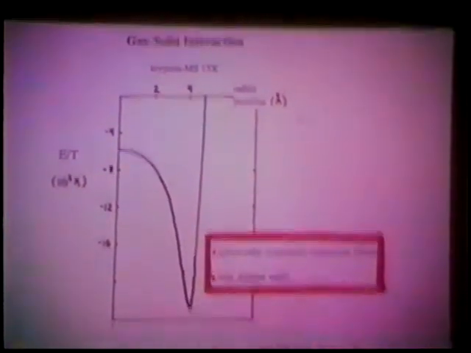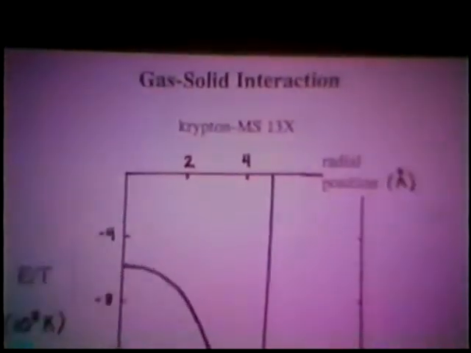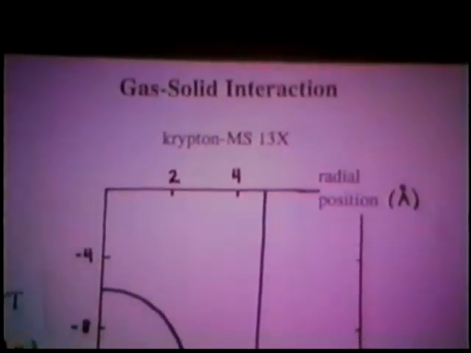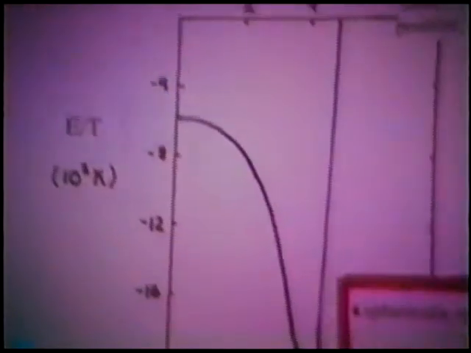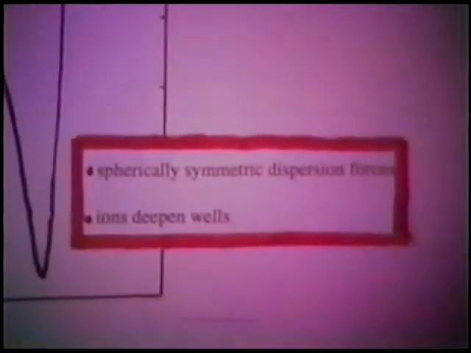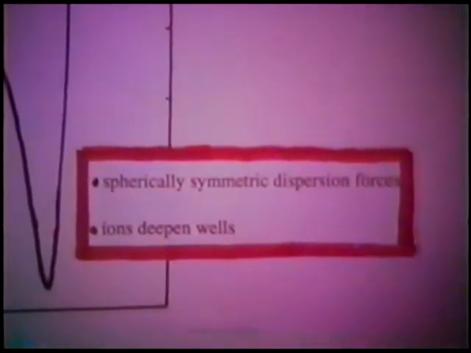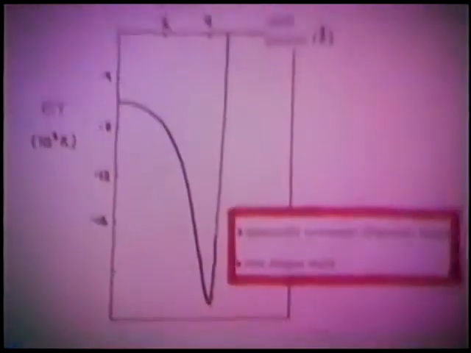Now, one of the things that motivated the model I'll show you in a second is the picture of the gas-solid interactions. Here's a typical picture of a krypton molecular sieve 13X interaction taken from Soto and co-workers.